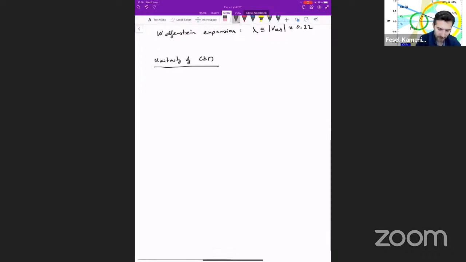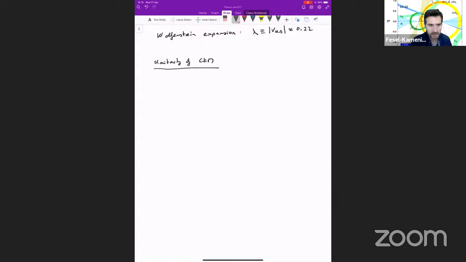Now, one can write out a complete set of unitarity constraints on the rows and the columns of the CKM, which will be the sum over k of V_ik, complex conjugate, V_jk equals delta_ij for any i, j going from 1 to 3.